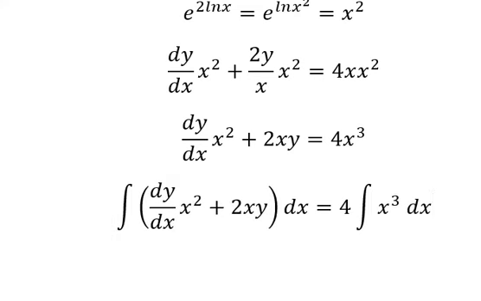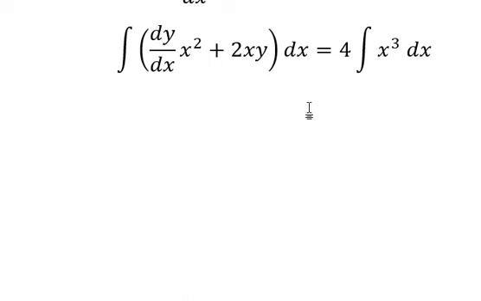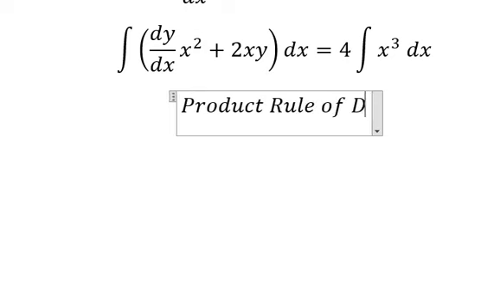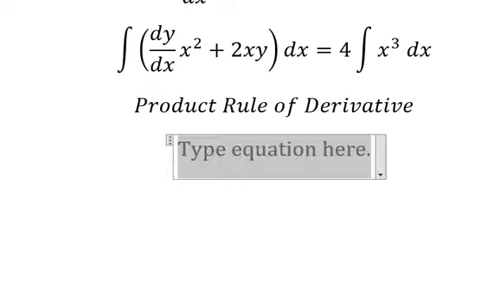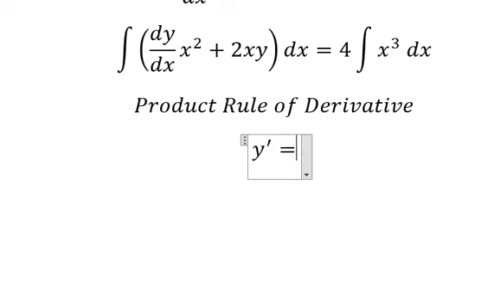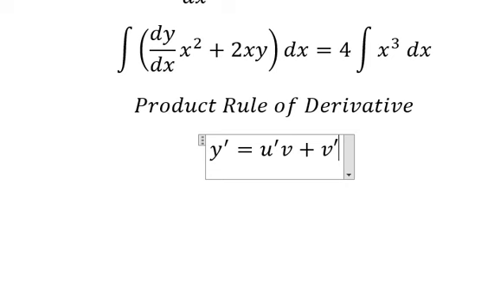Now we can apply the product rule of derivatives. So we have the first derivative of y equals the first derivative of u multiplied by v plus the first derivative of v multiplied by u.